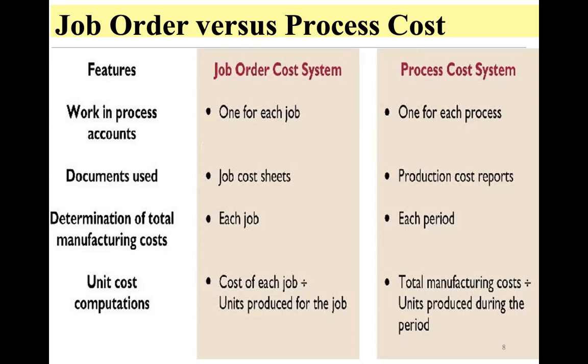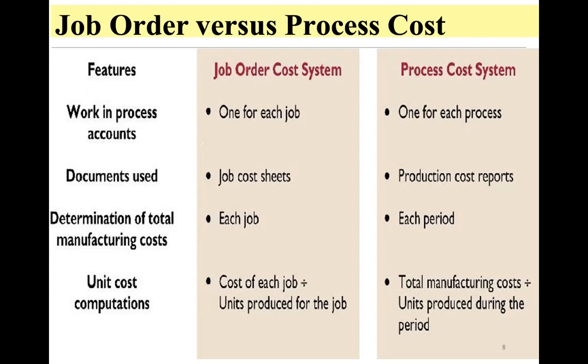Then when talking about the documents used, in the job order cost system, the job cost sheets are used, which I showed you during the last lecture, right? In the process cost system, production cost reports are there.